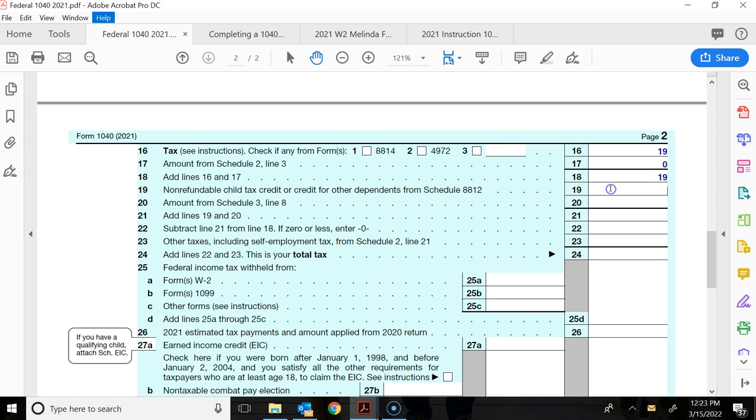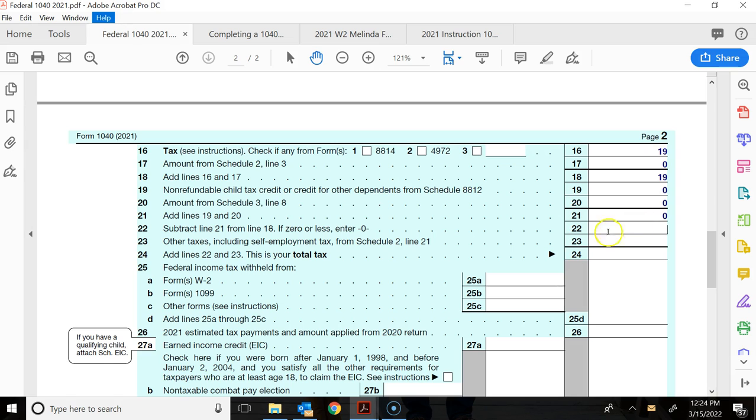For line 19, the non-refundable child tax credit or credit for other dependents, we know that was a 0 on the cheat sheet. Number 20 is a 0 as well. 21 is asking to add lines 19 and 20, so that leaves us with a 0. 22, it says subtract line 21 from line 18. If 0 or less, enter a 0.